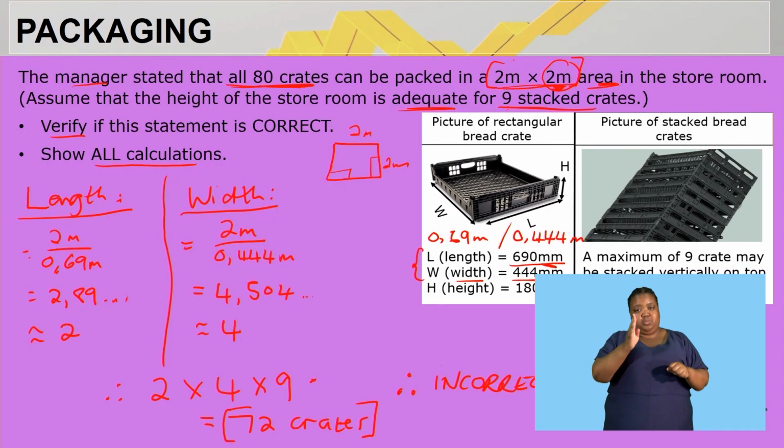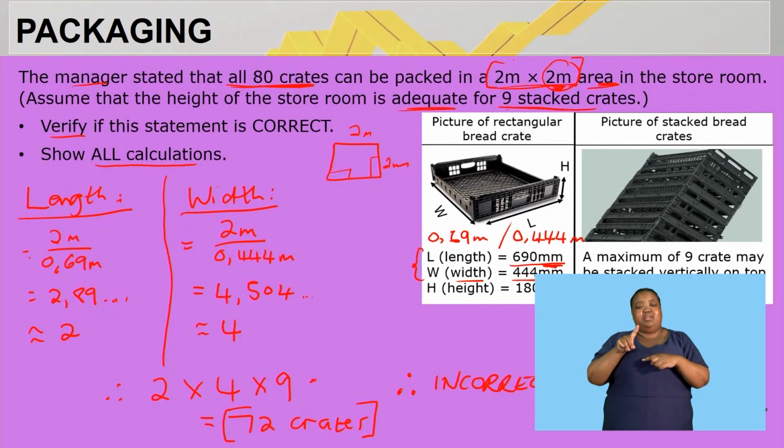Okay, so let me quickly recap. I started off by looking at the dimensions of the room, which is indicated as 2 by 2 meters. Then I looked at the dimensions of the crate. Now, this is indicated in millimeters. So immediately I saw then that my units are not the same. So I decided to work in meters. Therefore, I converted my millimeters into meters by dividing that by 1,000.